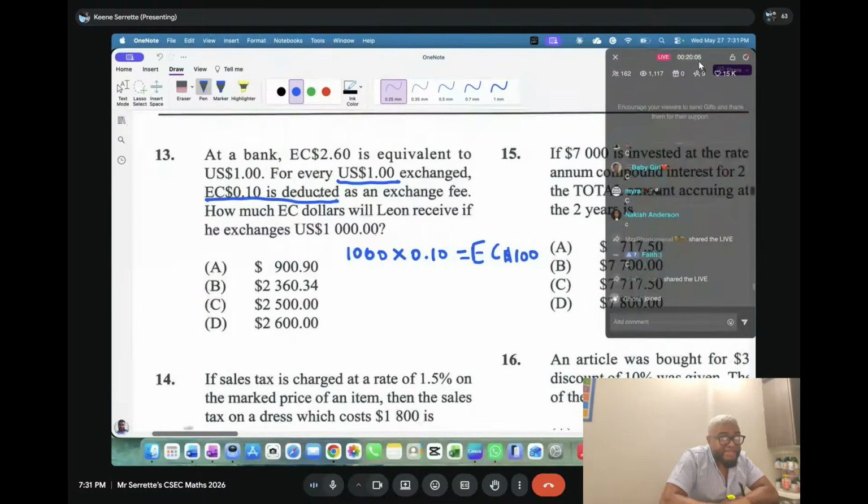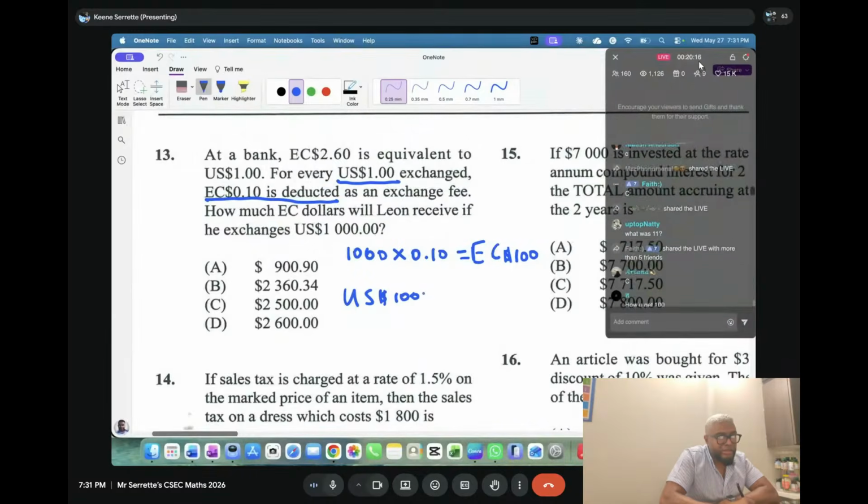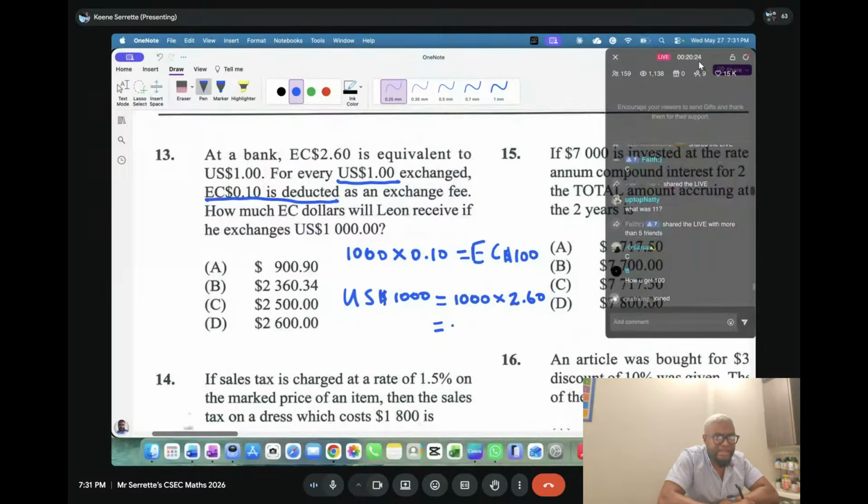So the next thing I need to do is convert this US $1,000 to EC dollars. How do I do that? US 1,000 into EC would be 1,000 multiplied by $2.60. How much EC am I getting here? 2,600 EC. But I need to deduct 100 EC as the fee.